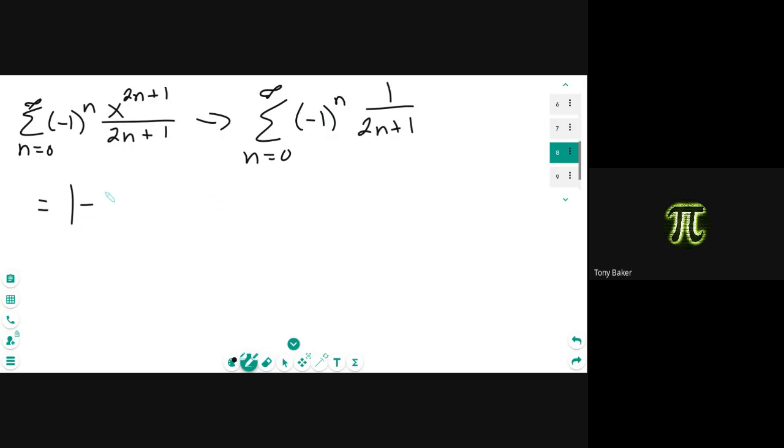Plug in 1 for the n, and what do you get? I actually do get a negative 1/3 in this case. You got it right the second time, sorry. What's the next one?